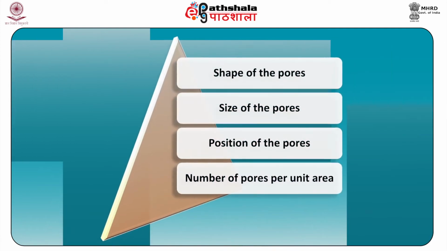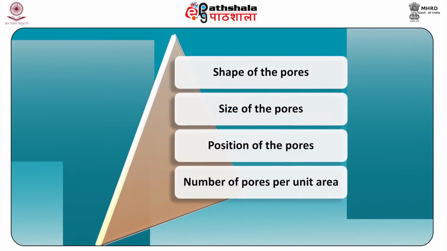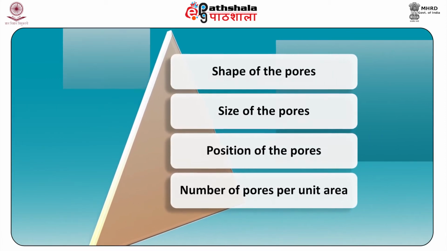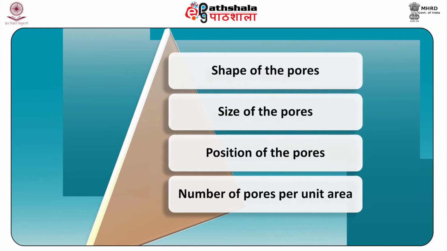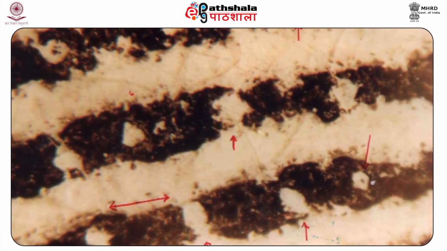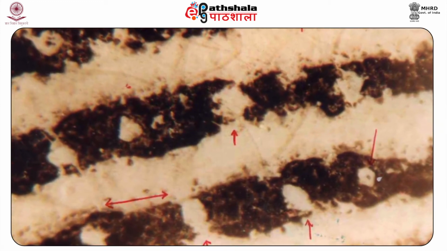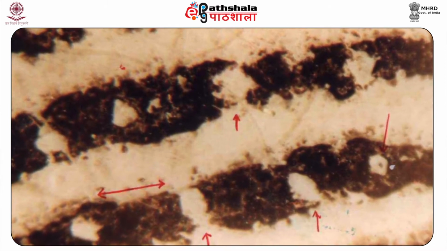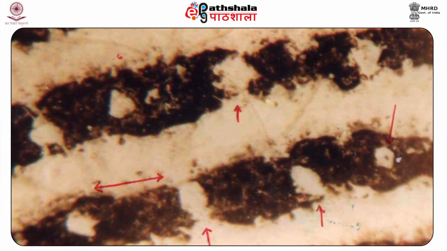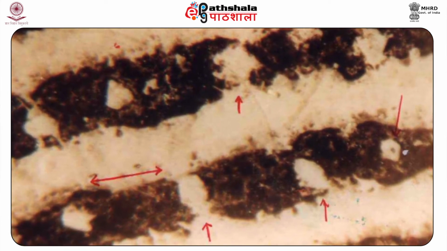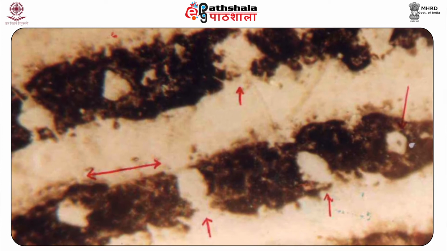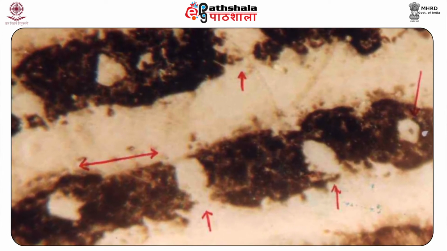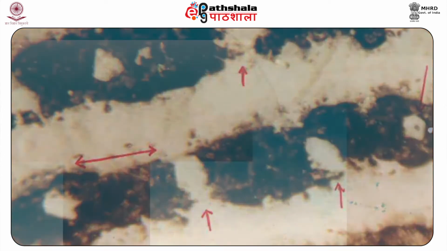Now, sweat pores studied on the ridges vary in shape of the pore, size of the pores, position of the pores, and number of pores per unit area. The openings of sweat glands, that is sweat pores, are arranged on the ridges of the friction skin, and they can be of various shapes, that is triangular, circular, oval, rectangular, etc. They may be placed in the middle or the periphery of the friction ridge.